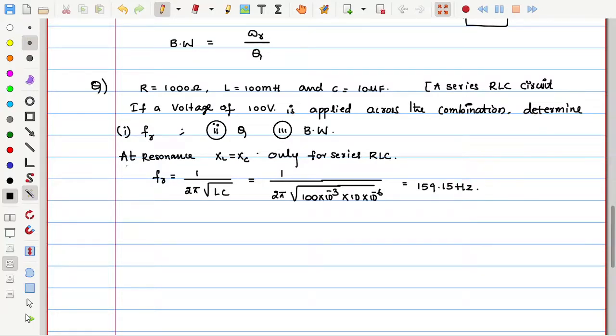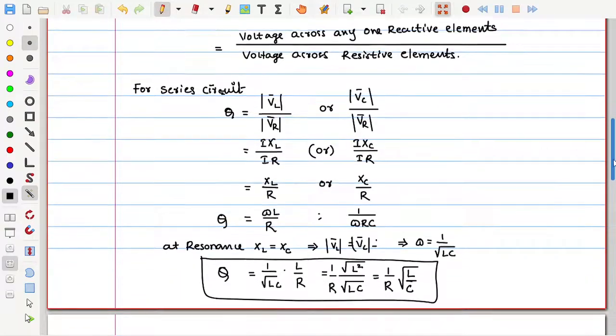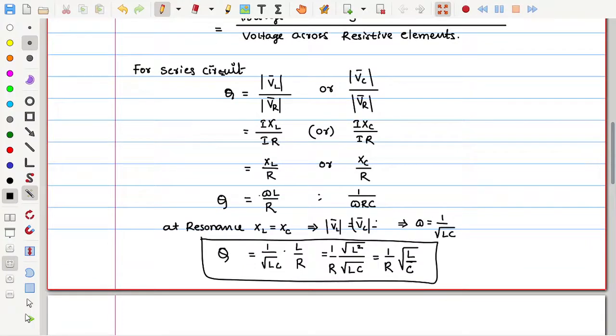And what about the second one? This is the first one. Just see the second one, the quality factor. You can write the quality factor in many ways. It's your wish: omega r into L by r, or directly 1 by r square root LC.